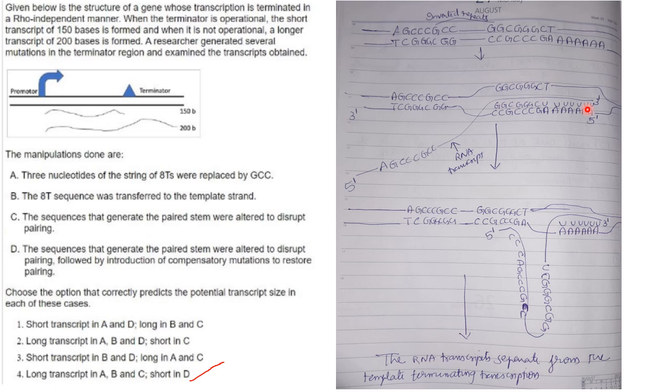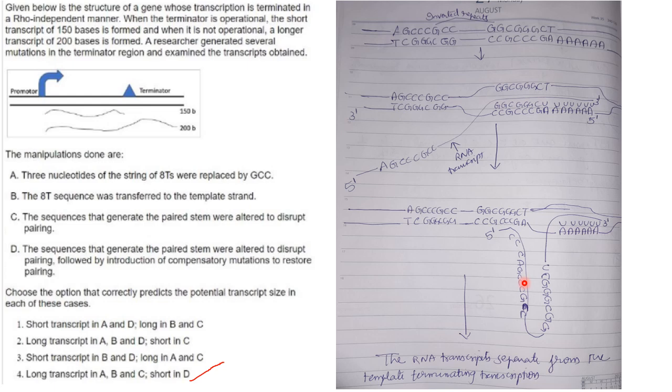The string of U's causes the RNA polymerase to pause, and the inverted repeats in the RNA fold into a hairpin. The diagram that I have drawn is not that proper, but they form complementary base pairing, and you get a hairpin structure.